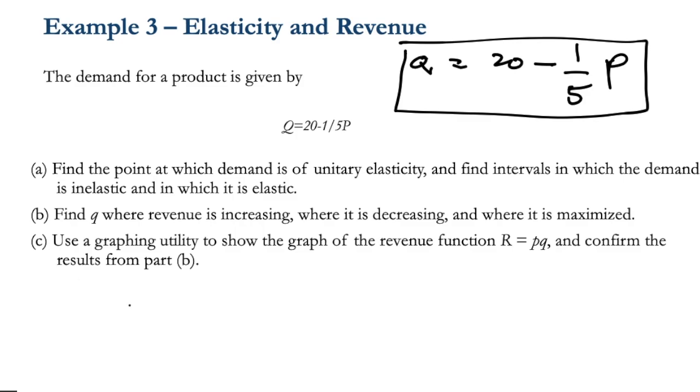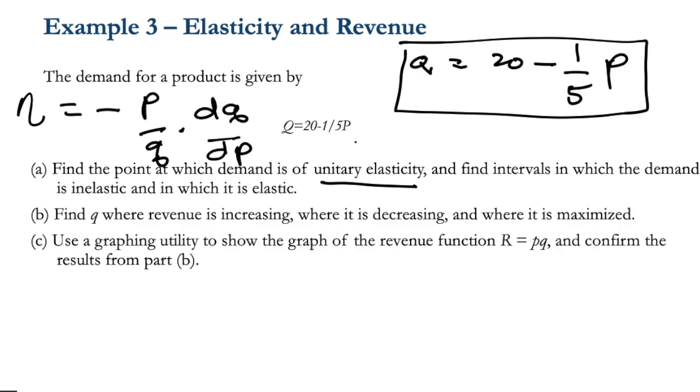Find the point at which demand is unit elastic. First, before you can find whether it is unitary elastic or not, you must remember the formula of elasticity. It is minus P over Q times dQ over dP. Let me change it to capital Q so that some of you won't be confused. Now in this case, how do we do it?